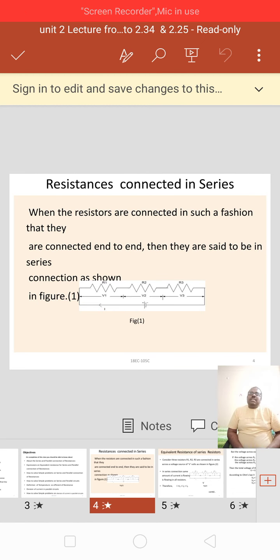First topic is resistance connected in series. When the resistors are connected in such a fashion that they are connected end to end, then they are said to be in series. That connection is also shown in this figure.